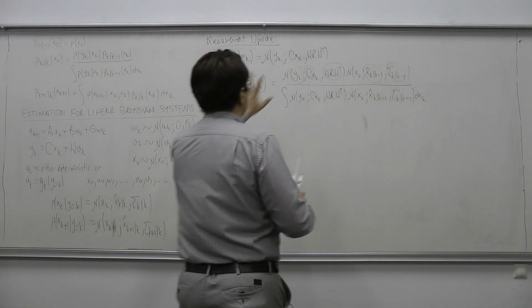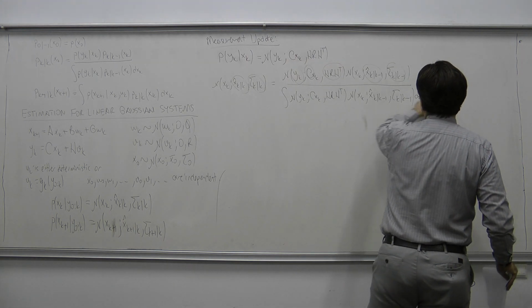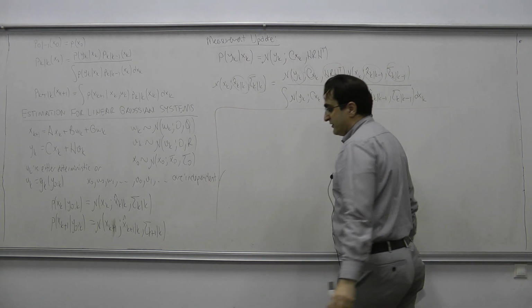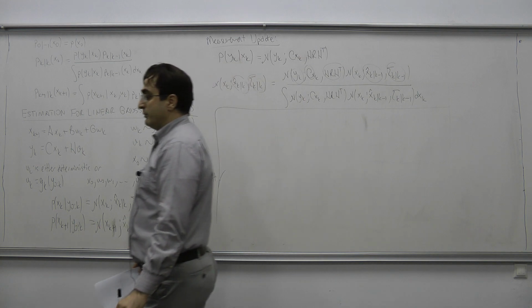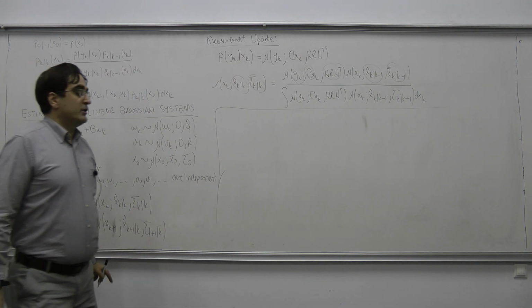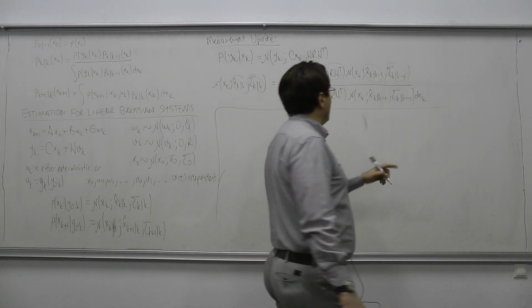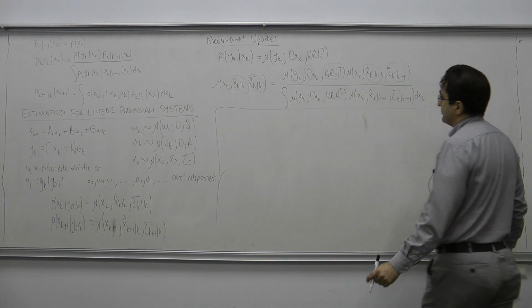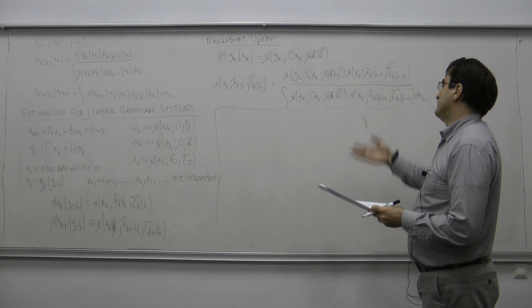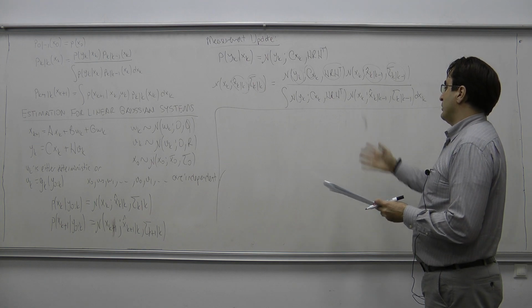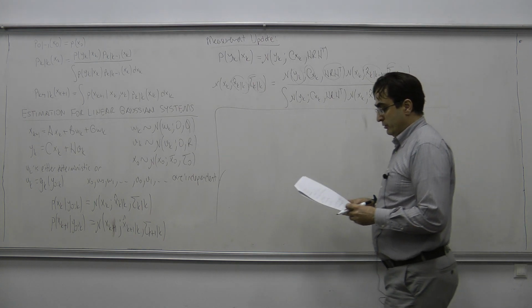So I'm stopping this approach here. Instead, I'm going to use an easier approach that we are familiar with. I told you that I know multiple ways of deriving these update formulas, and usually the easiest one is the one that we are going to be using.